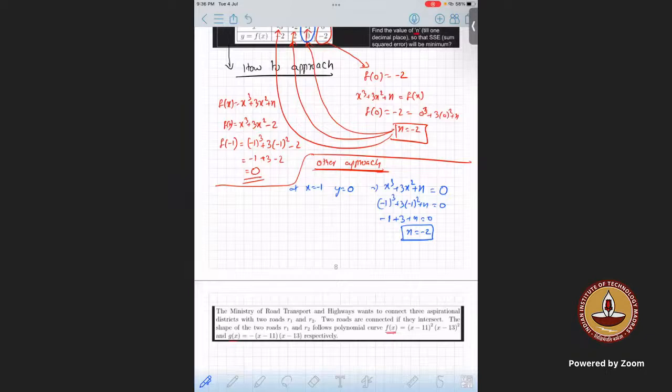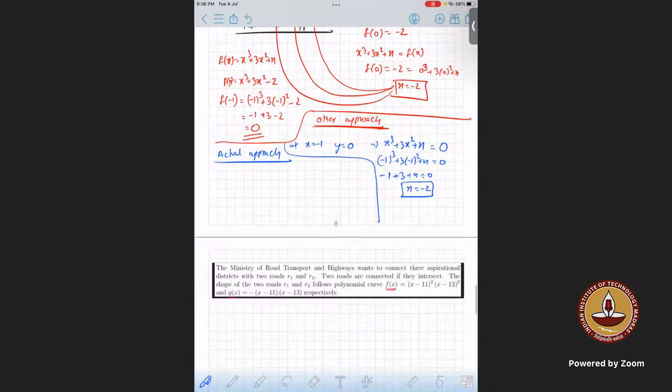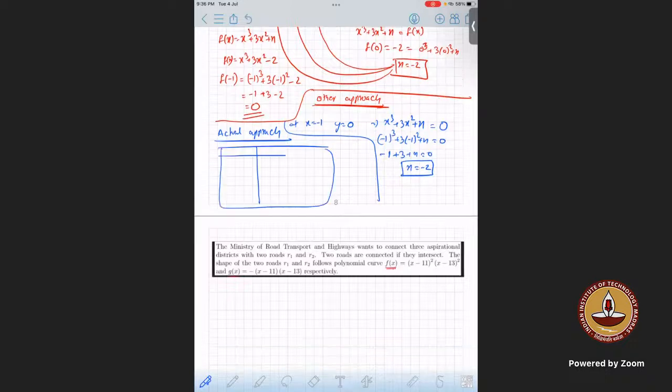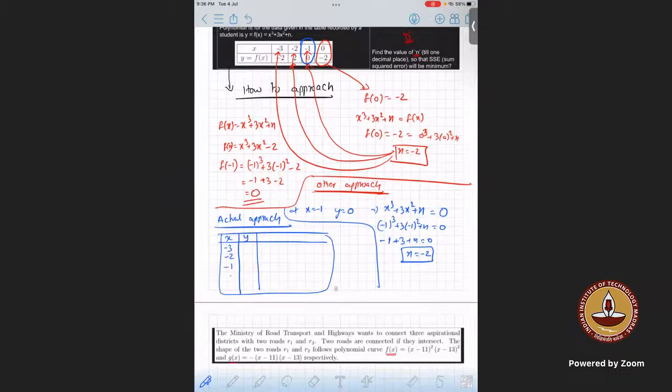Now we'll go to the actual approach. This is the correct way. Let's take x and y values. X equal to minus 3, minus 2, minus 1, 0. Then y equal to minus 2, 2, 0, minus 2.